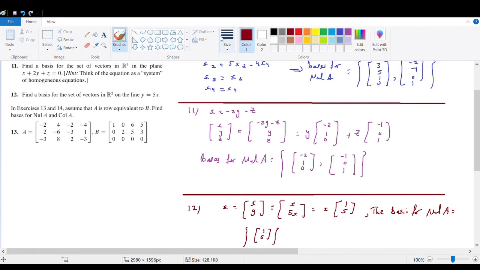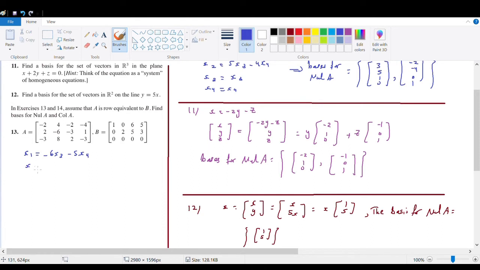Then we have the last one, which is number 13 here from the set. In exercises 13 and 14, assume that A is row equivalent to B, find basis for null A and col A. So here our matrix A, after row operations or row reducing, we get the matrix B. So first, to find the basis for null A, we need to write x1 is equal to minus 6x3 minus 5x4.